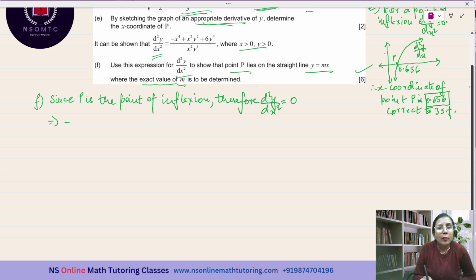This implies minus x to the power of 4 plus x square y square plus 6y to the power of 4 over x square y cubed is equal to 0.